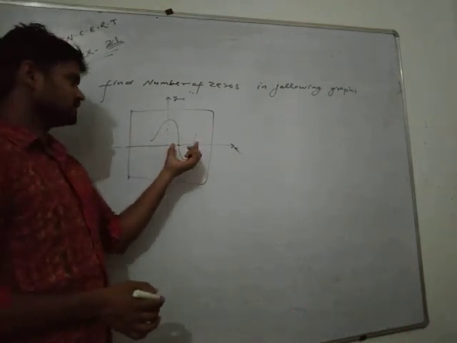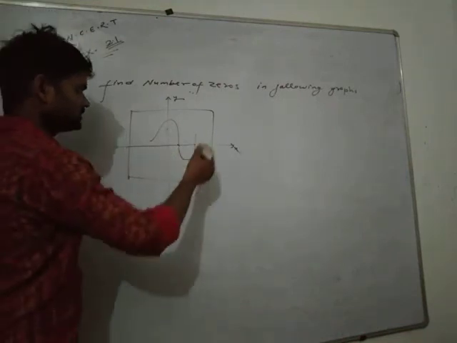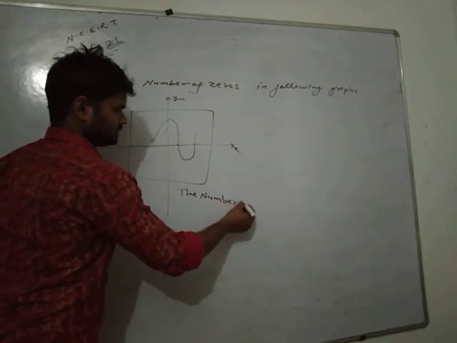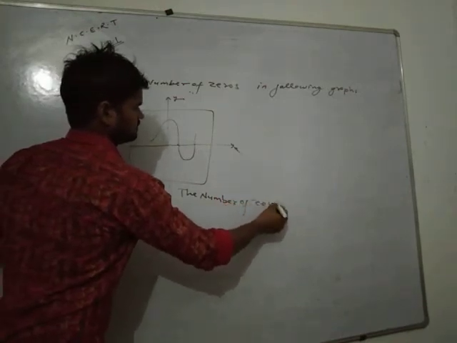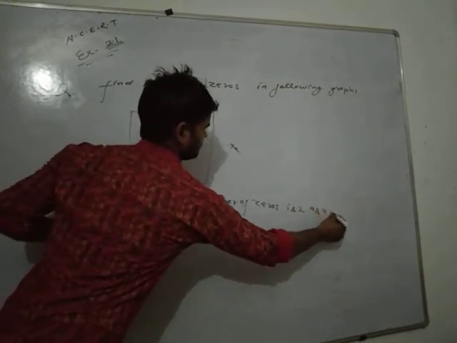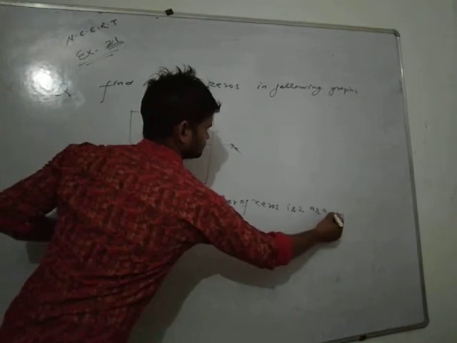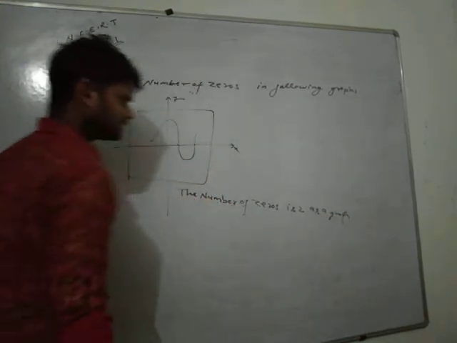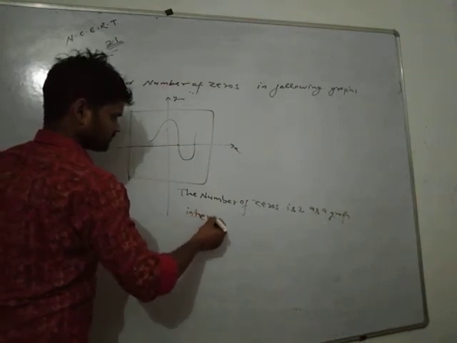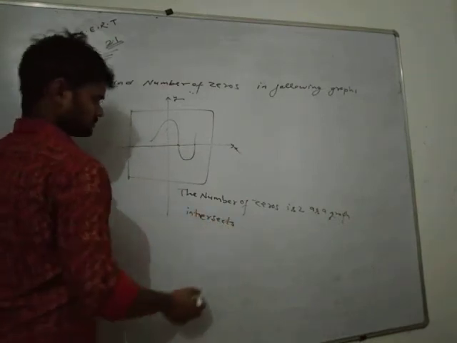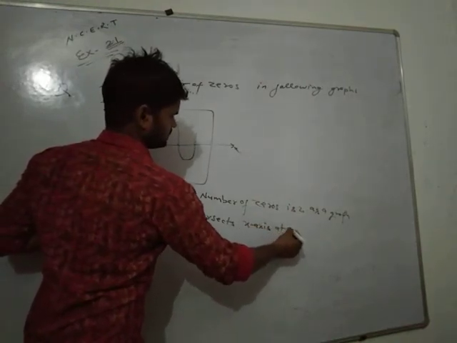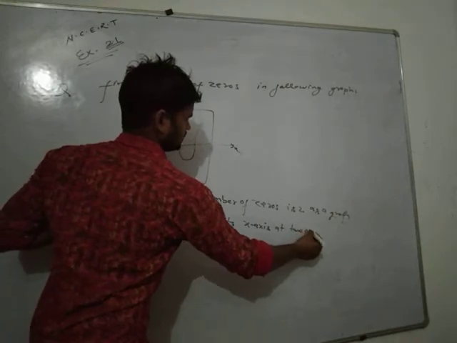It intersects the x-axis at two points only, so we can say the number of zeros is 2 as the graph intersects the x-axis at 2 points.